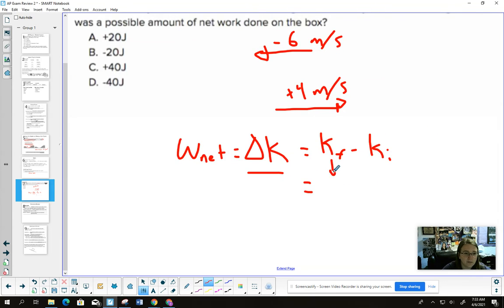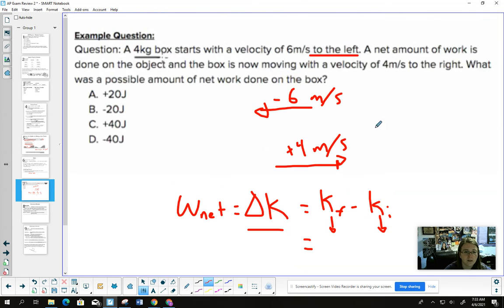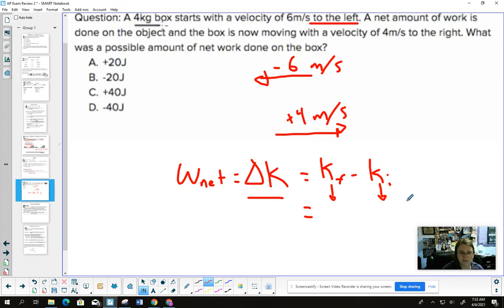So from here, we're going to do some replacing again. Let's write that out, replacing with the formulas. What we want to be careful about is that when we replace with the formulas, we keep the subscripts F and I on the speeds. So write it out, replacing with the formula for kinetic energy.